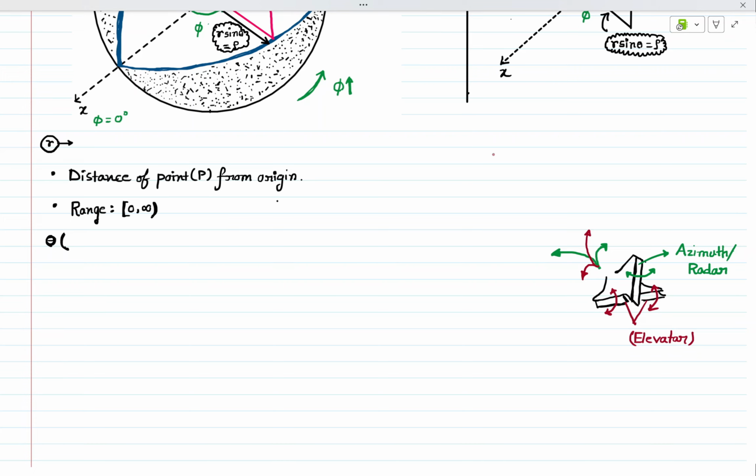Okay, this is the up and this is the down, and this is the left and this is the right. Okay, that is the concept of the azimuth and elevation.